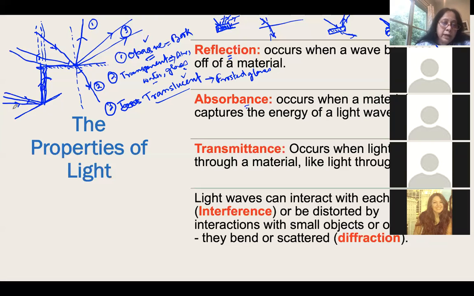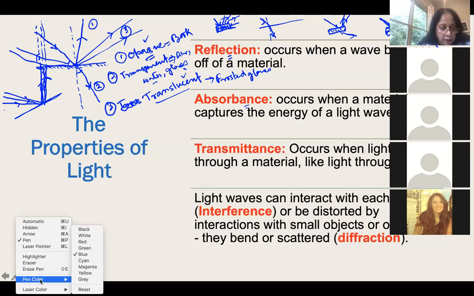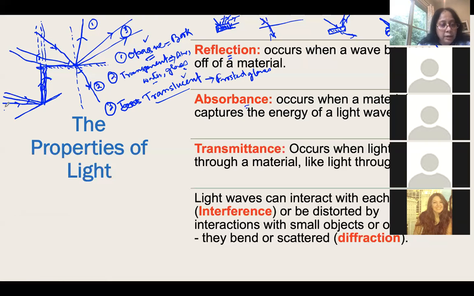Now, what happened? Not all the light is going to move in the same direction. On the opaque object, there is a portion or certain amount of light. What happened in that case? They fall and they get scattered. So basically, this light goes in different directions.